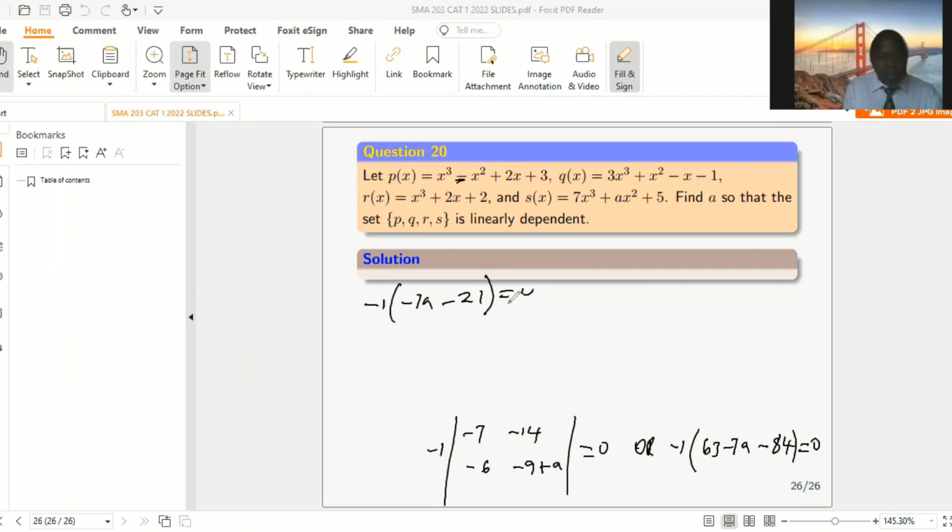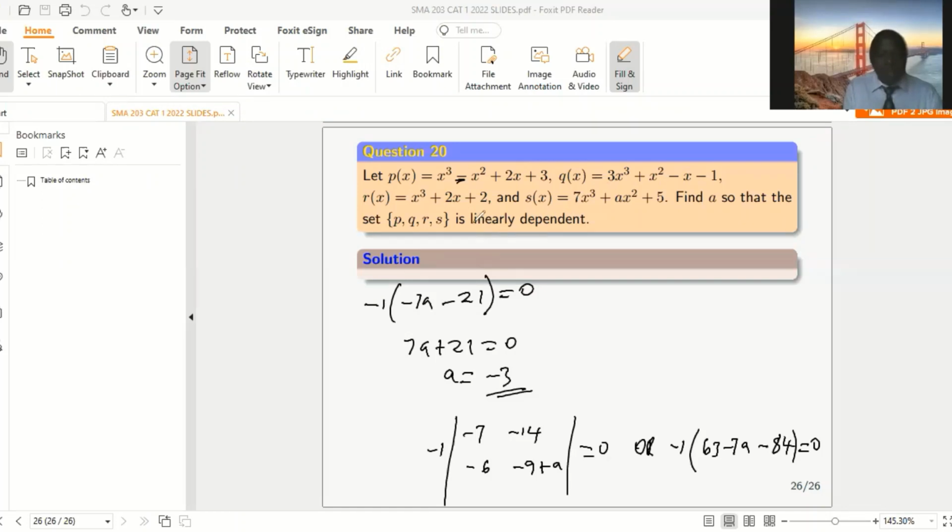This is equals to 0. So when I divide by negative 1 both sides, or even inside, I will have 7A plus 21 is 0. That means that A will be negative 3. So that is what the question wanted. So A will be negative 3.